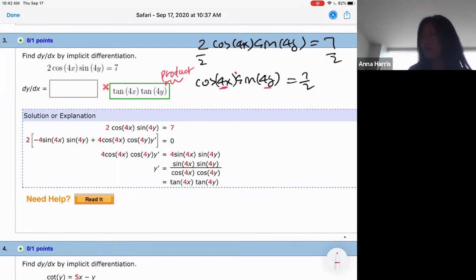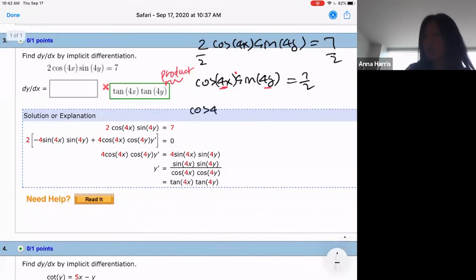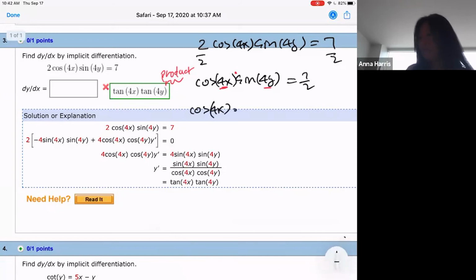So first thing first, I'm gonna write down cosine 4x, and I gotta write down what? I need to find the derivative of that. So what's the derivative of a sine? That's also cosine 4y.